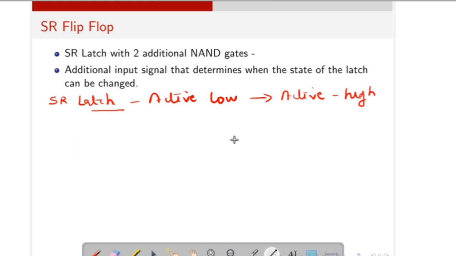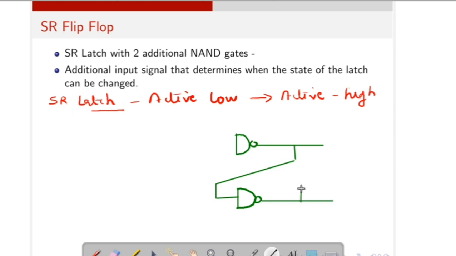So first we can draw the active low SR latch. The active low SR latch has two NAND gates in cross coupled form. That means the output of the first NAND gate is fed back to the second, and the output of the second NAND gate is fed back to the first NAND gate.